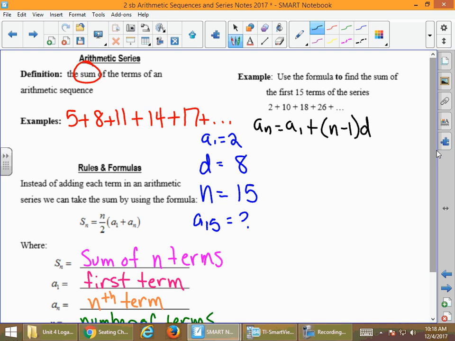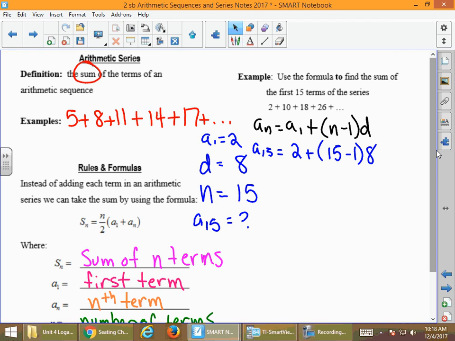What we need to figure out first is, what does a sub 15 equal? Well, a sub 1 is 2. Our n is 15, and our common difference is 8.